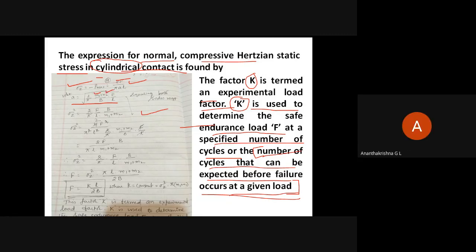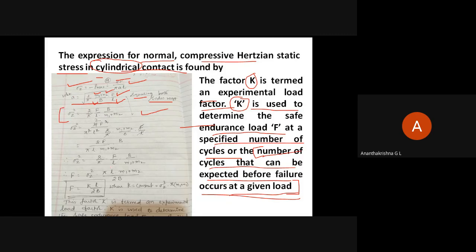M1 and M2 are material constants, and B is the geometry constant. F is the load and L is the length of contact. So squaring both sides, this root is removed, and we get the equation for sigma z square.